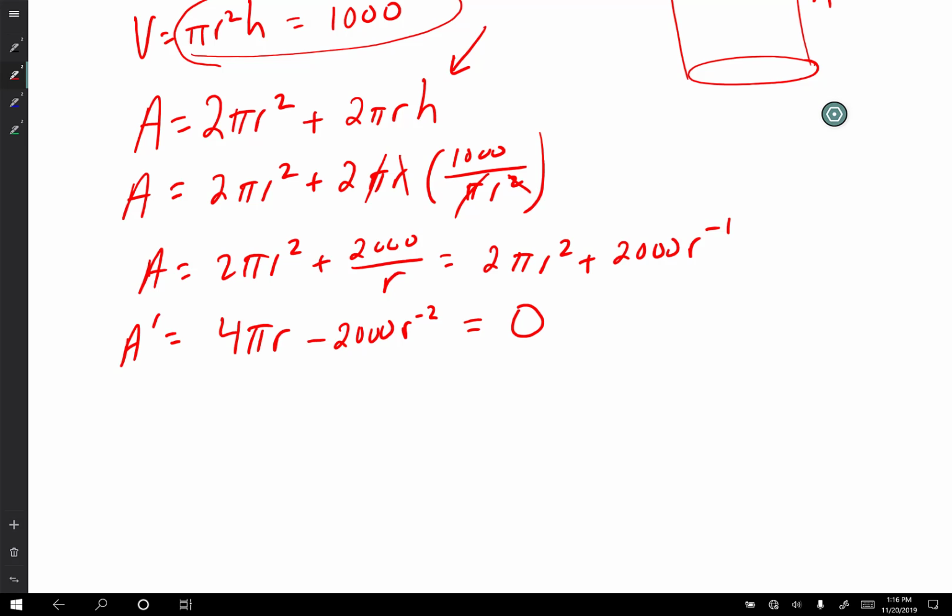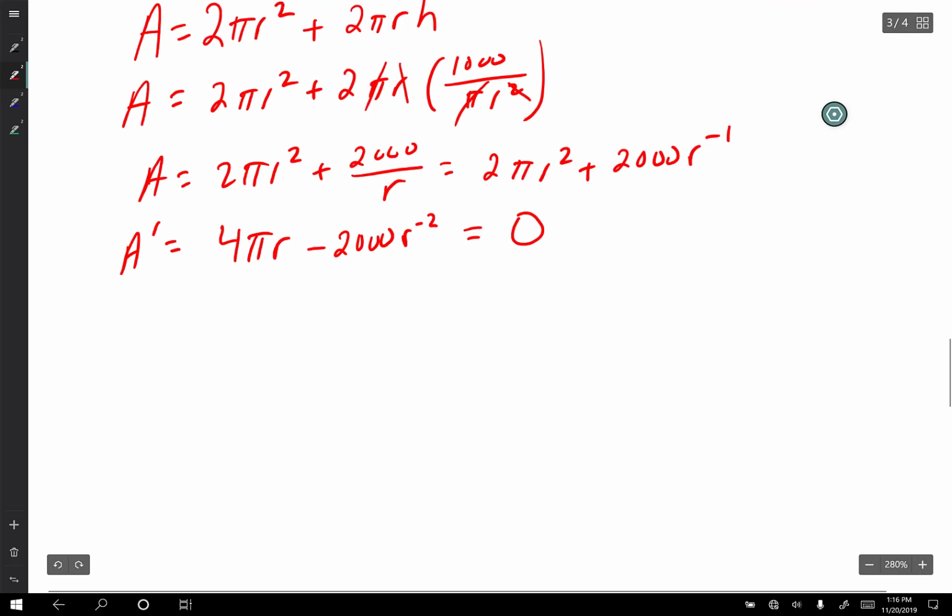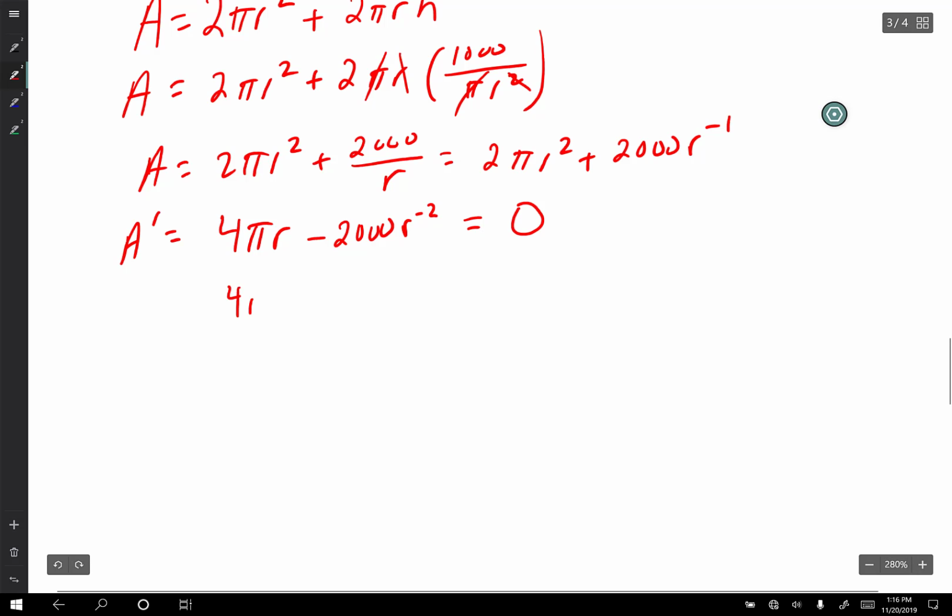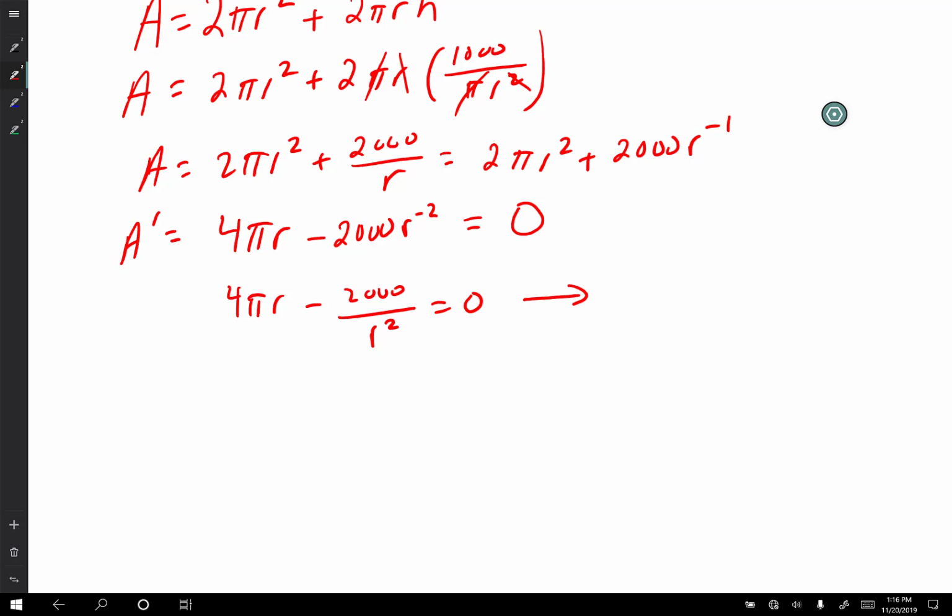Are we still okay, guys? All right, so now it turns to a game of algebra. 4 pi r minus 2,000 over r squared equals 0. I'm going to move the 2,000 over r squared to the right-hand side. 4 pi r equals 2,000 over r squared.